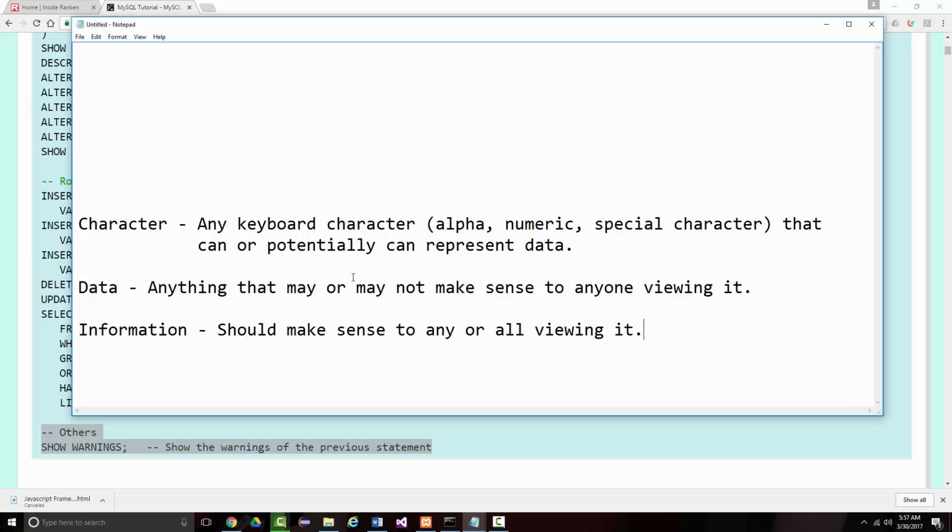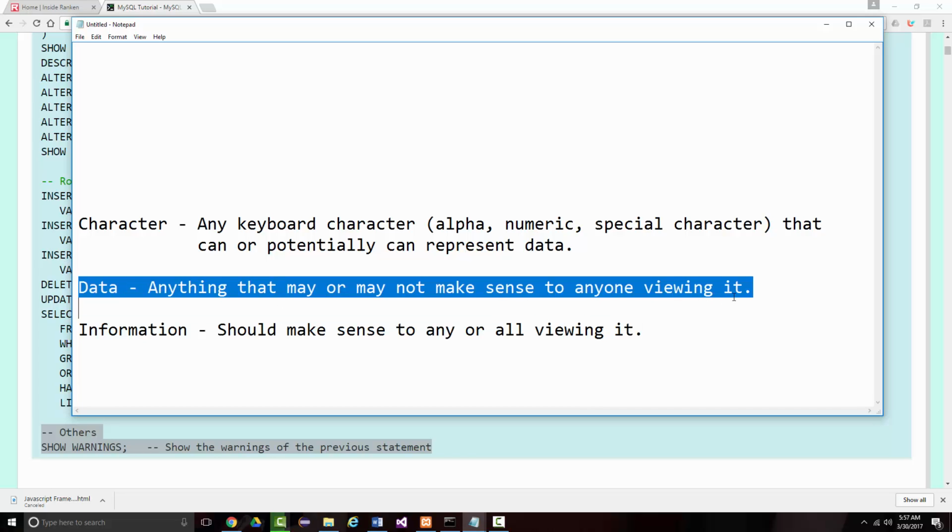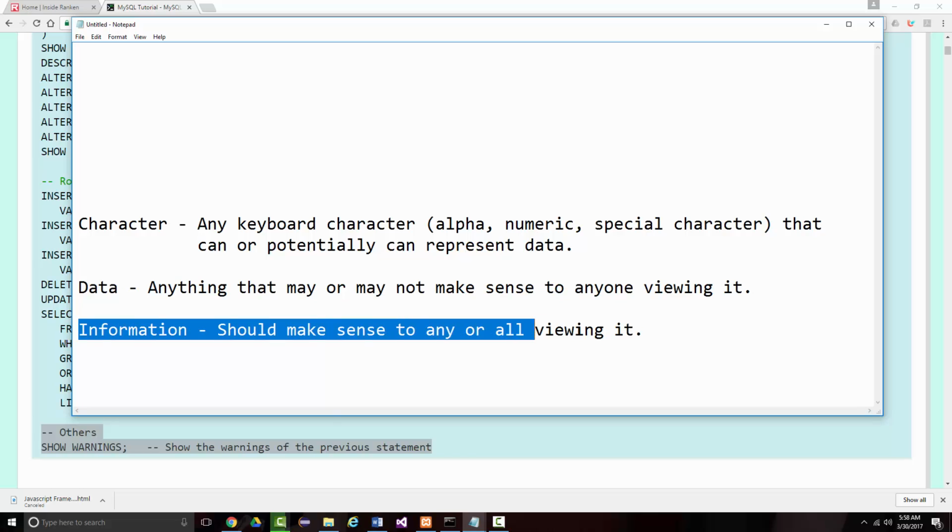But to me, it makes sense. So that's data. It makes sense to me viewing it, but maybe not to somebody else who doesn't know what that data represents. Really, what computer systems are about is converting data into information. Once all those values are input into the computer and a report is created, that report becomes information. Anyone who is able to read it should be able to understand that data that was converted into information.